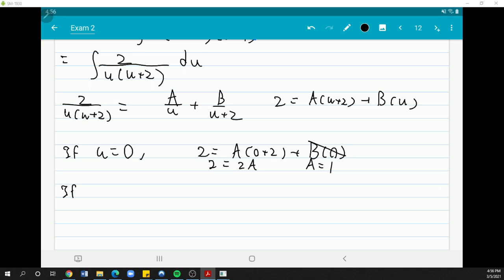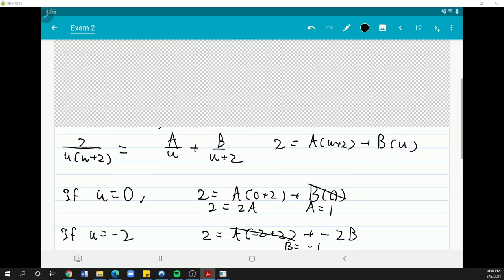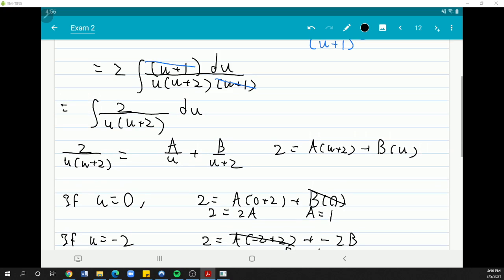Similarly, if u is minus 2, 2 is equal to a times minus 2 plus 2, otherwise known as 0, plus minus 2b, or b is minus 1. So we get this integral.